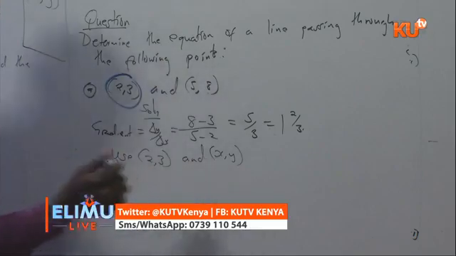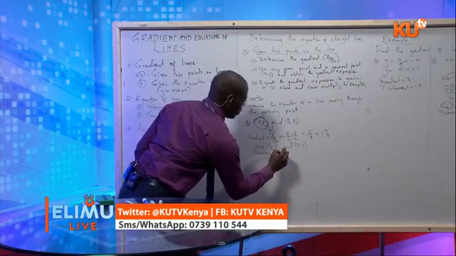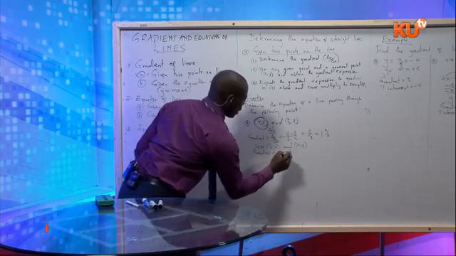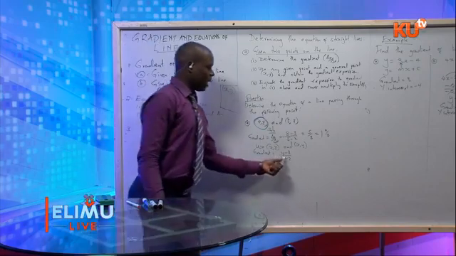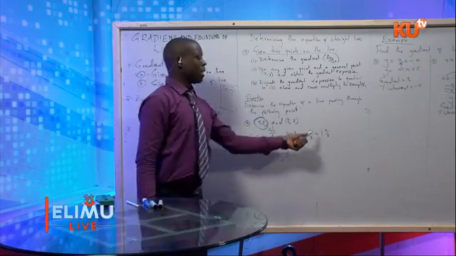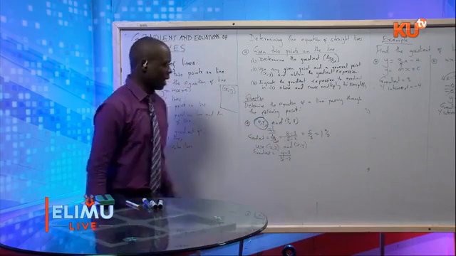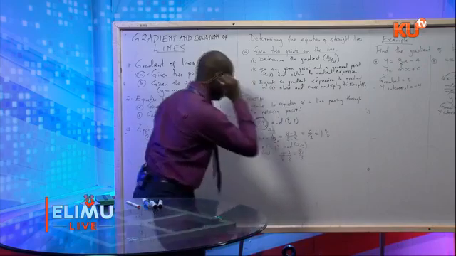With these two, gradient will be equal to y less 3 over x less 2. And this gradient expression should be the same as the gradient obtained here, because the points are still on the same straight line.